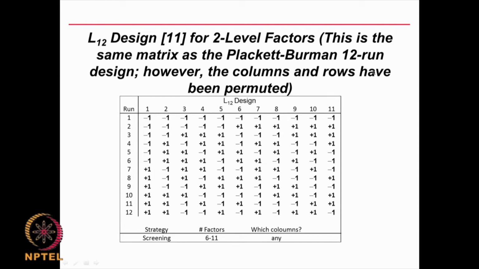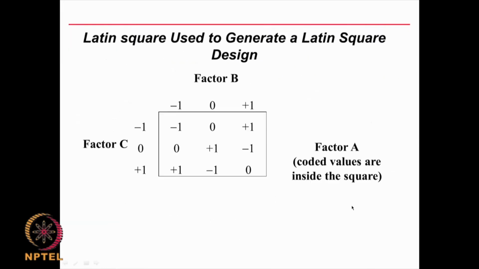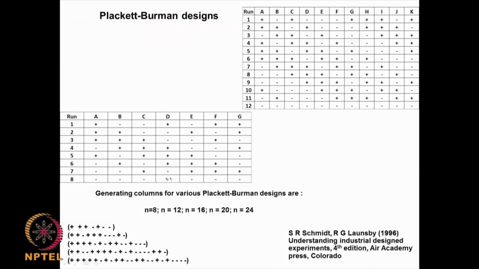Only thing is the columns and the rows have been permuted. They have interchanged the columns and the rows in some cases, whereas in Plackett-Burman design, if you see at the bottom you will always get negatives. So, some difference is there. The last line of the 12 runs will always be negative.